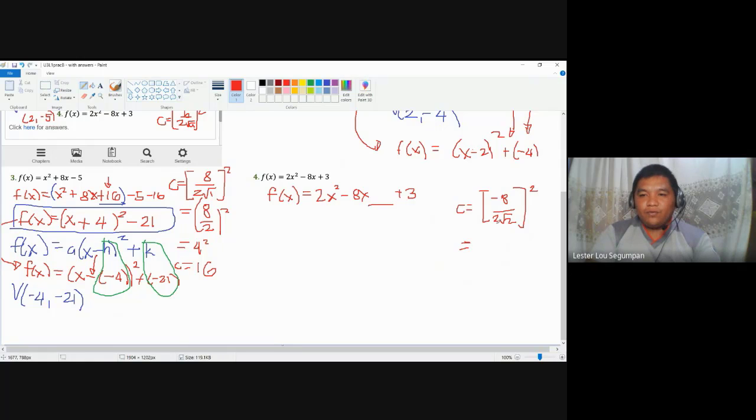That's negative 8 over 4, or negative 4 over the square root of 2. Then use the power law and share the exponent. The square of negative 4 is 16, and the square of the square root of 2 is just 2. So what you will add here is positive 8, and you will subtract 8 just to nullify what you have added.